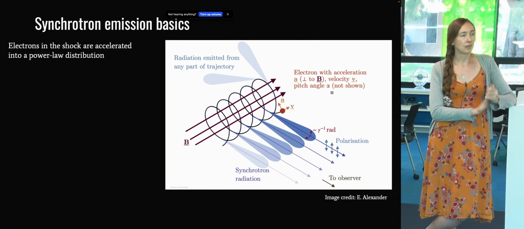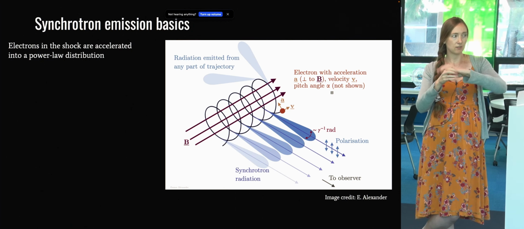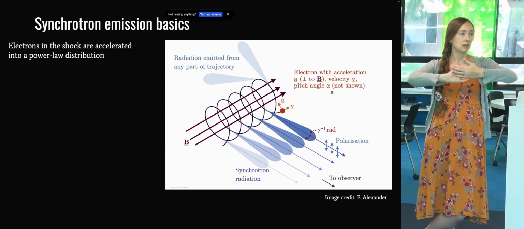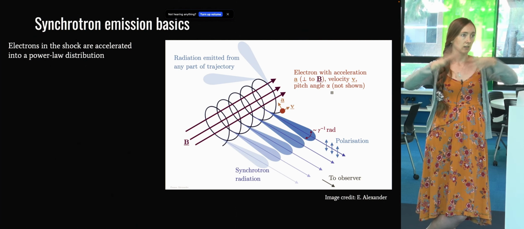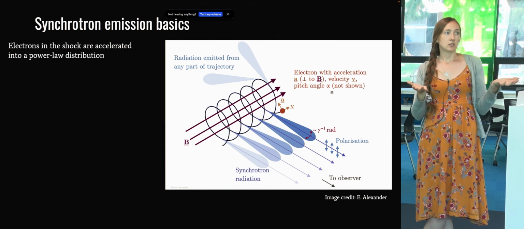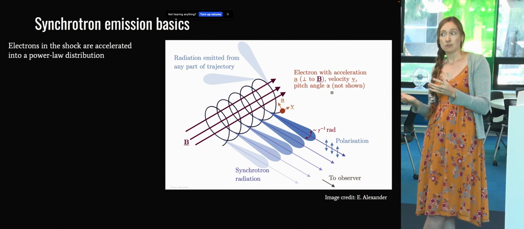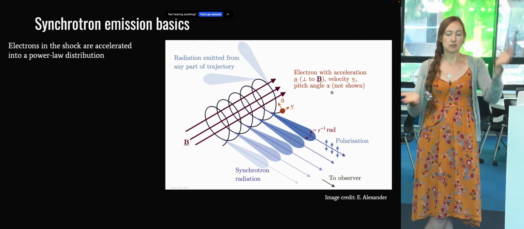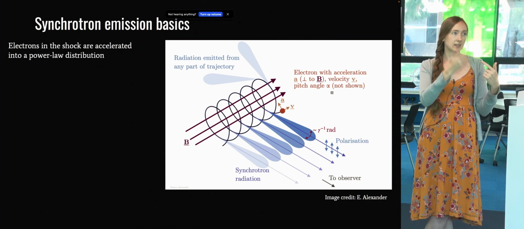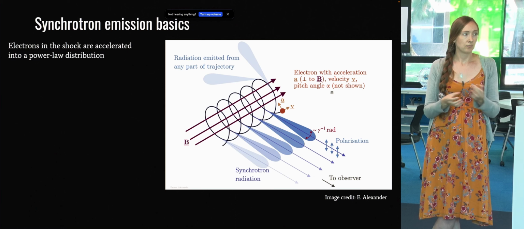So synchrotron emission is effectively, you have a shock, so you have some cloud of electrons being accelerated, hitting something relatively dense, the cloud of the external medium or each other in the jet, and this produces, so the electrons get accelerated to relativistic speeds, and because the magnetic field compresses, electrons accelerate around the magnetic field, and this produces synchrotron emission.